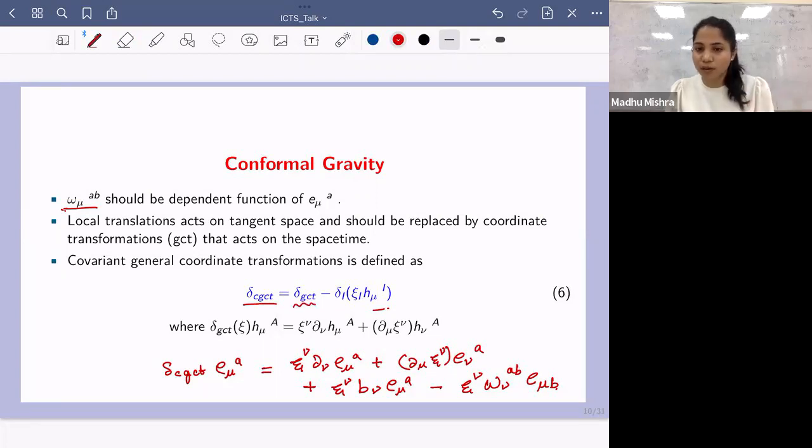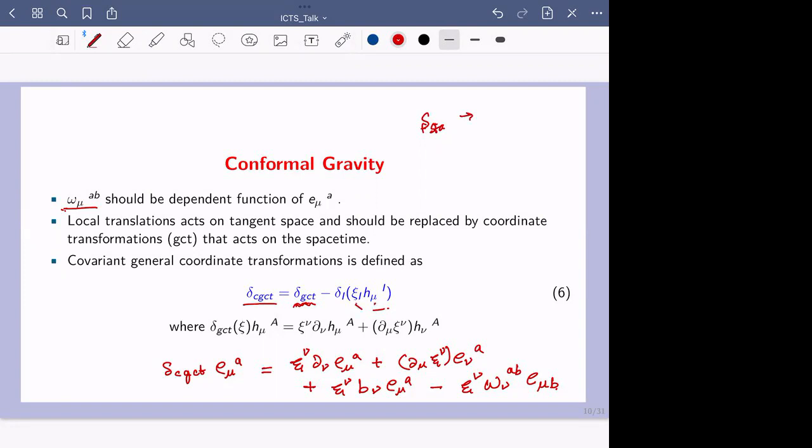So it's not just local translation, but it is a general coordinate transformation which will act on space-time. And to make it covariant, what I'm doing is taking this standard transformation and replacing the parameter with this thing, the scalar product of xi with the gauge field corresponding to the parameter.